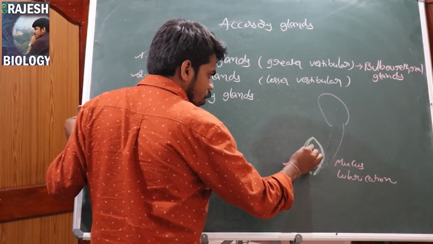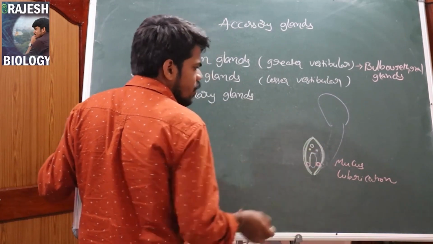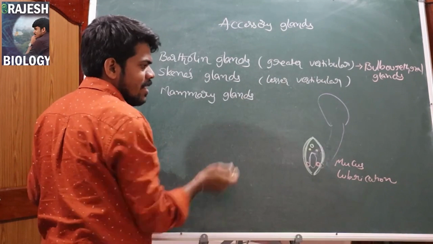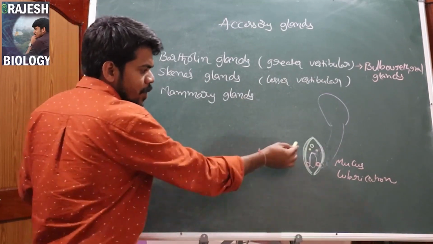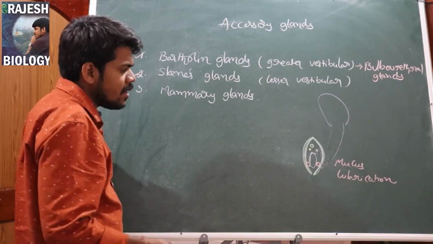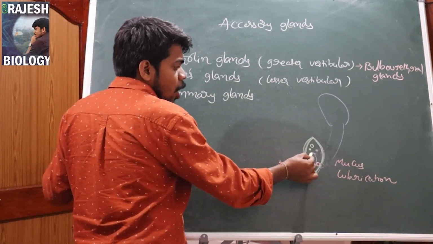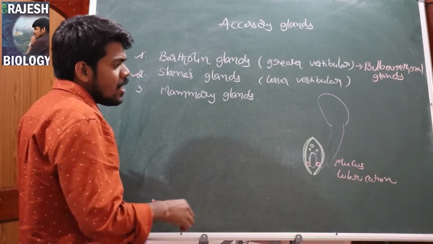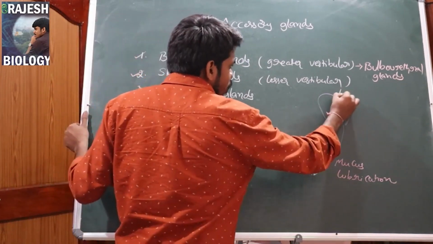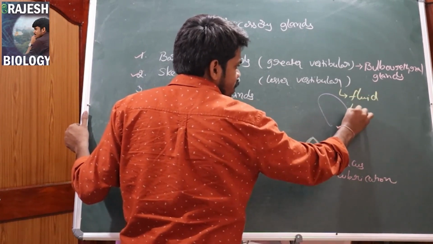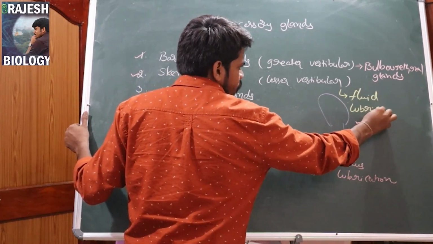I'll mention with yellow color chalk piece, then it is more visible. So they are very small when compared with this. That's why they are lesser vestibular glands. They are present beneath the urethra, also called paraurethral glands, or they are present on the anterior wall of the vagina, and they also secrete fluid that helps in lubrication.